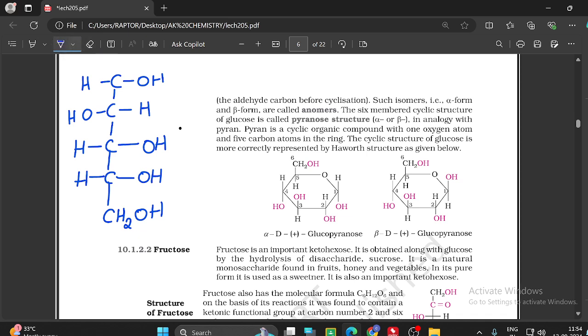1, 2, 3, 4, 5. CHO, that only is converted to OH, because this hydrogen moves there, right? Now a bond is formed between the first carbon and the fifth carbon. Correct?